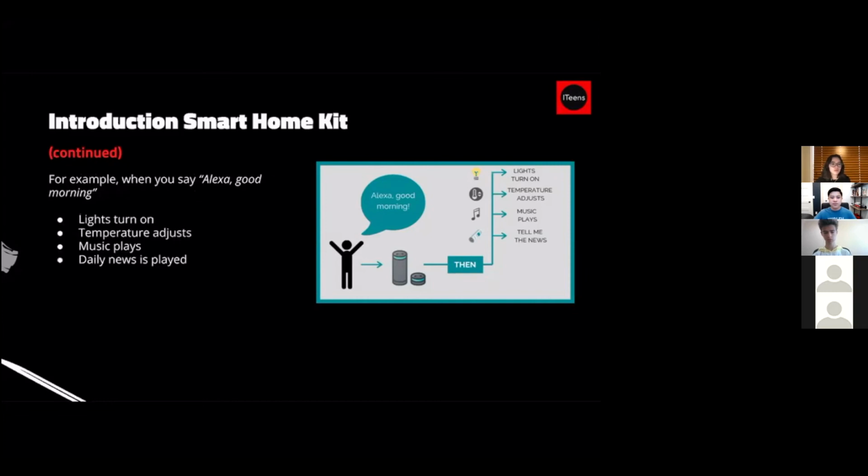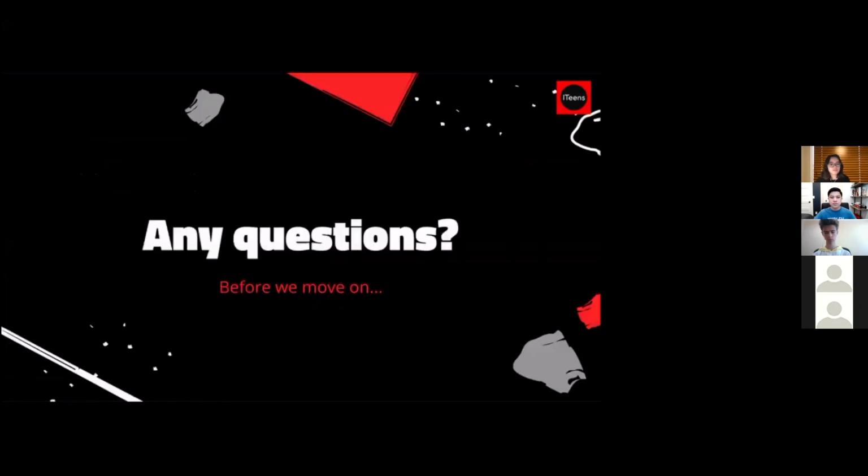For example, when you say, "Alexa, good morning," lights can turn on, temperatures adjust, music can play, and the daily news is played. Note that some of these features will not happen if you do not customize them. Before we move on, any questions?